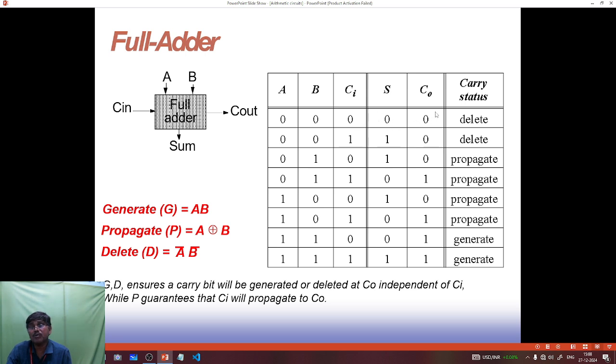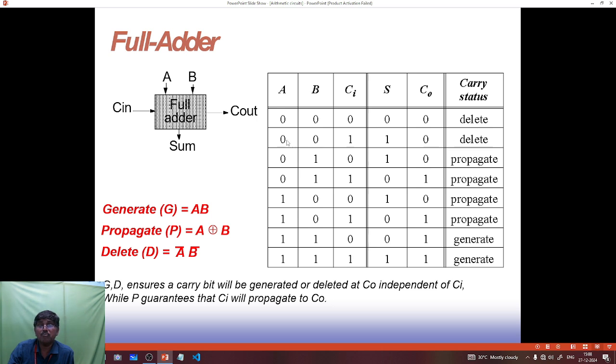Totally it will be 0, and the carry status is also 0. A and B are not 1, so the status will be a delete operation. Delete means A bar, B bar. Both are A bar and B bar.